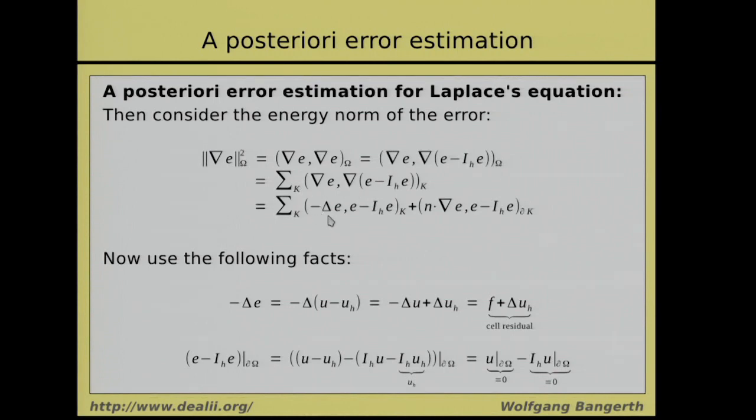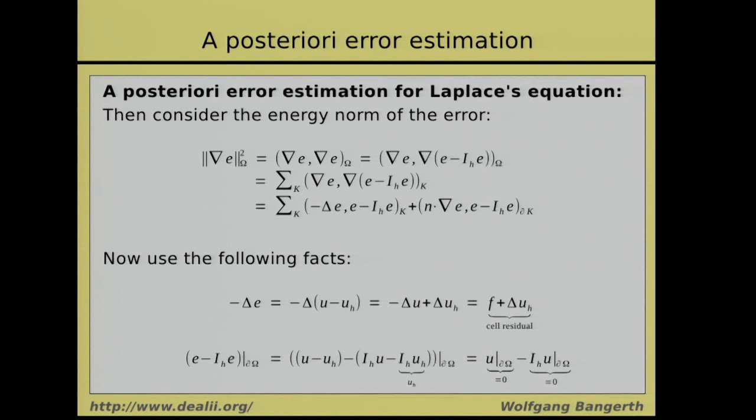On every cell, Laplace UH is well defined. So on every cell, I can do this integral, whereas I cannot do this on the entire domain because Laplace UH is not defined at the interfaces between cells because, like I said, the second derivative of a piecewise linear function does not exist at the points where the function has a kink.